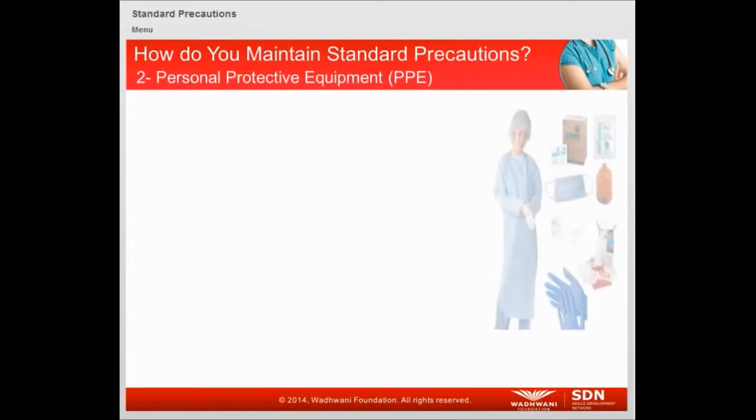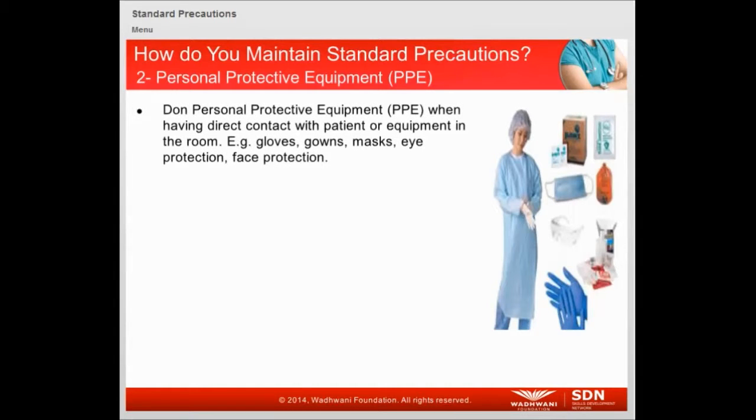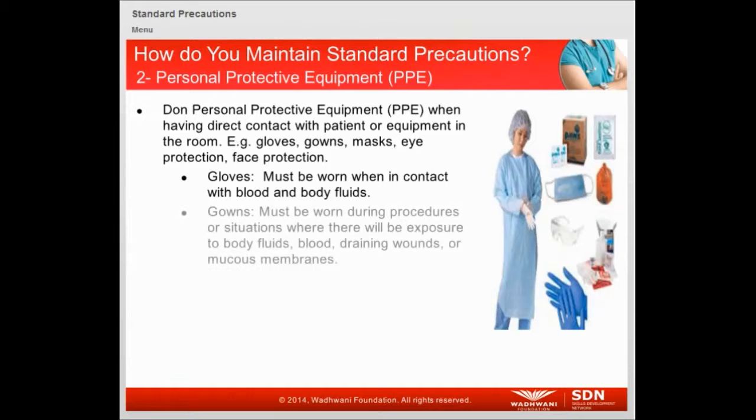Personal protective equipment, PPE. Don personal protective equipment when having direct contact with the patient or equipment in the room. For example, gloves, gowns, masks, eye protection, face protection. Gloves must be worn when in contact with blood and body fluids.